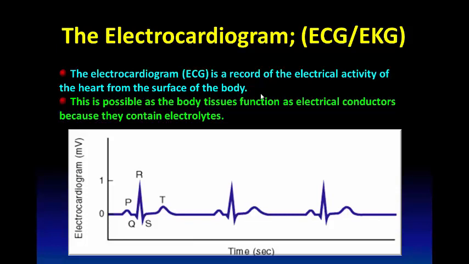So it is thus clear that the heart functions as an electric generator, and the electrical activity generated by the heart is transmitted to the surface of the body, because the tissues of the body are good electrical conductors, since they contain electrolytes. Then it is possible to record the electrical activity of the heart from the surface of the body.